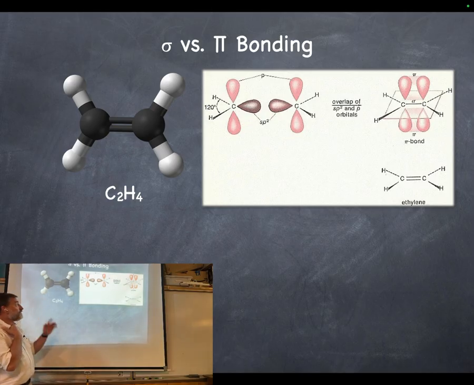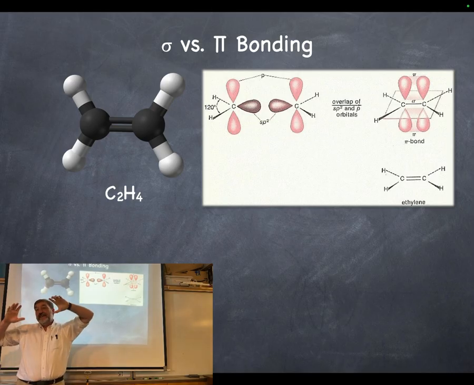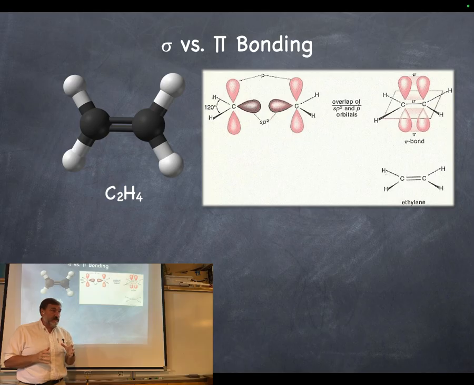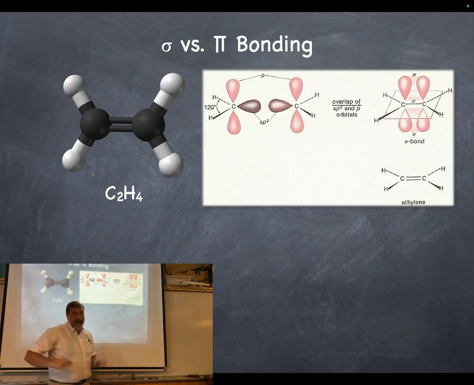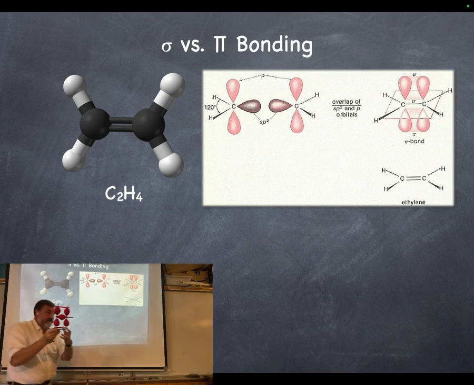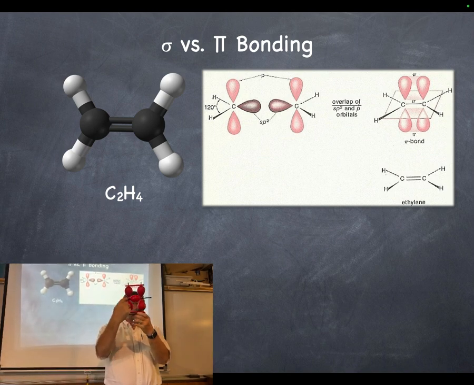So if you take a p orbital and put it so that it is not part of the hybridization system, it doesn't mix with the other orbitals, you get a bulge of electron density above and below. These two bulges can interact. I actually have a little model here. Okay, so here is our sigma bond.